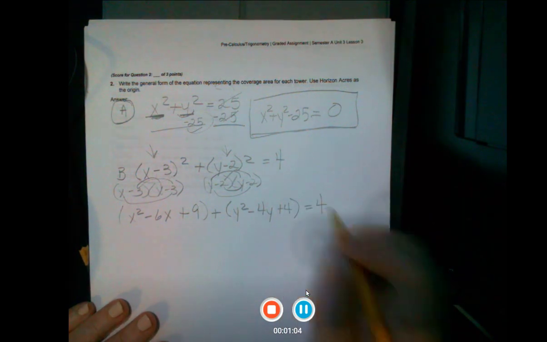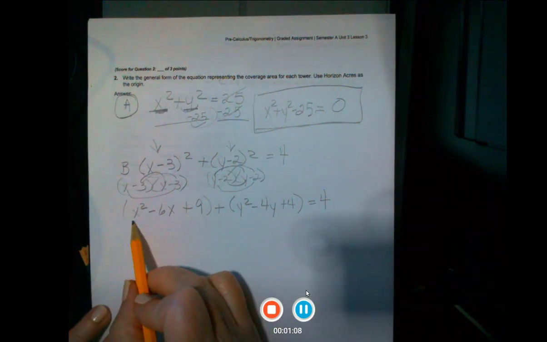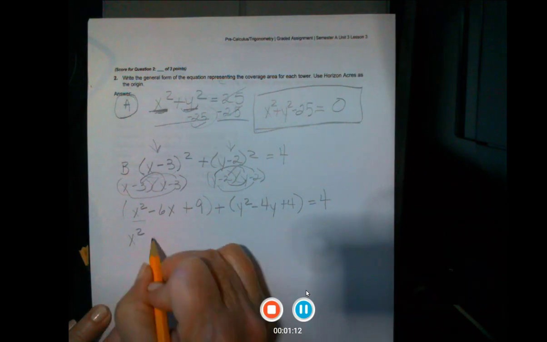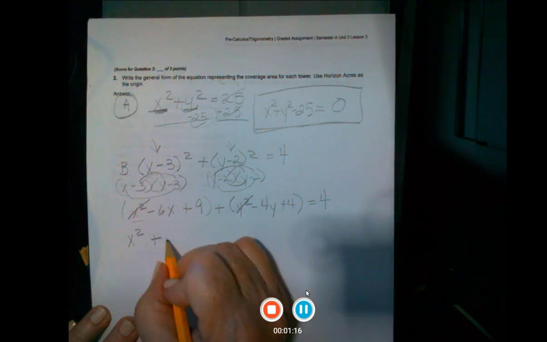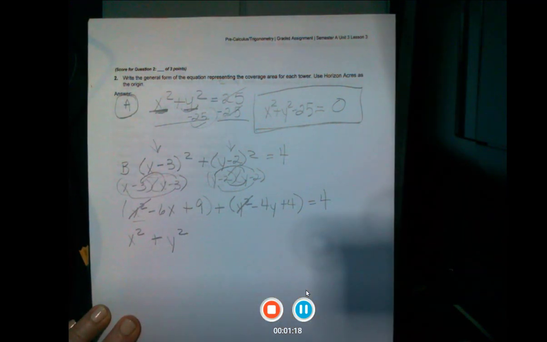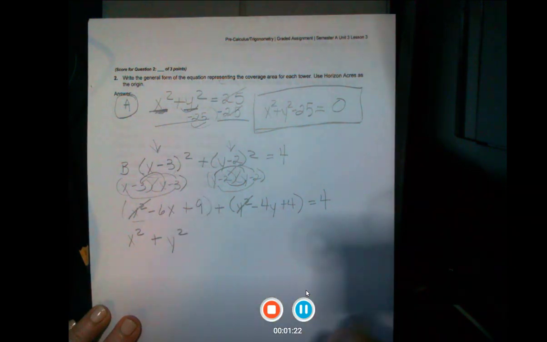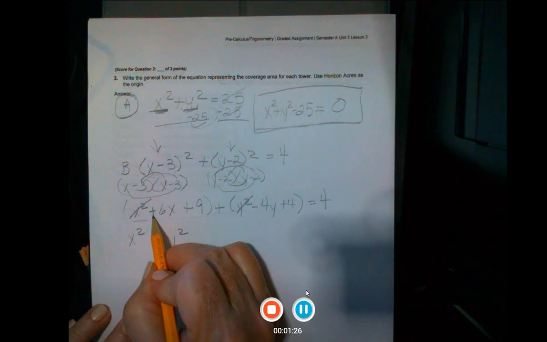Equals 4. So now we're going to put everything in order. We'll put the x squared first. I don't have any more x squareds. Plus the y squared next. This is all addition and subtraction, so you can just drop the parentheses. Make sure you don't lose your negatives.